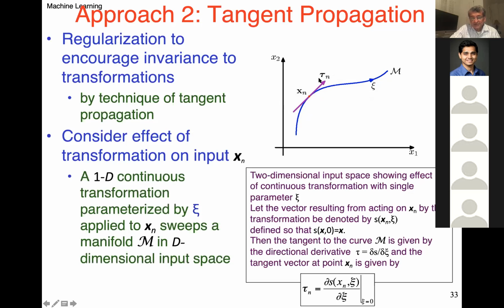We just saw what the tangent looks like. So this idea is mathematically stated here: tau n, this tangent, is the derivative with respect to psi, this transformation, of an input S whose parameters are this point xn and the transformation psi. So this is the value of the tangent at psi equal to 0. That's at that point here.